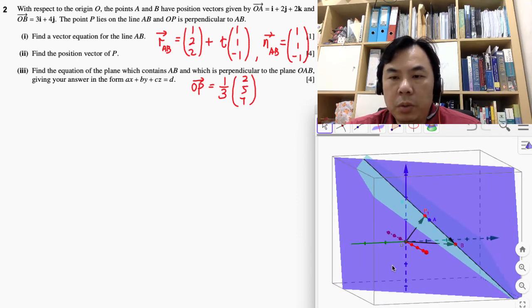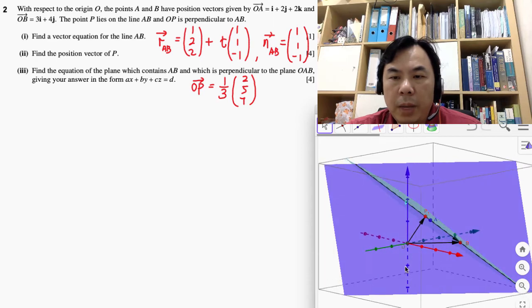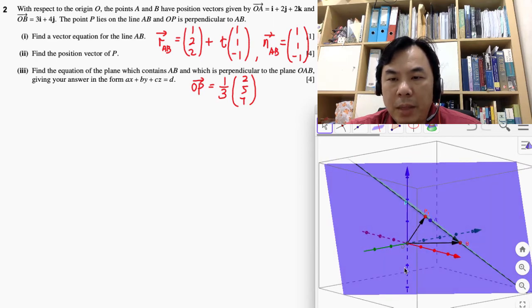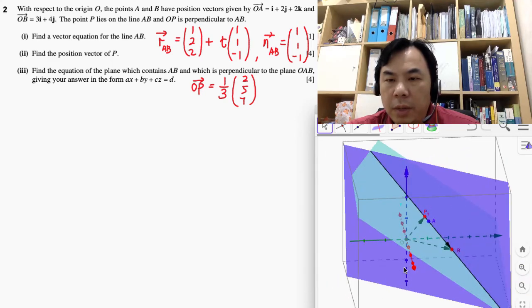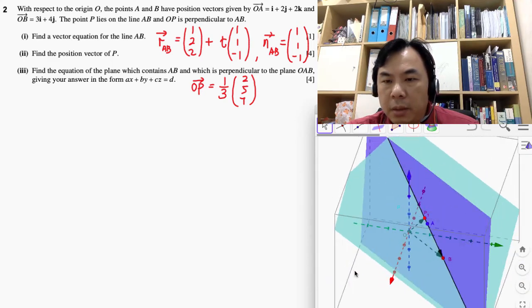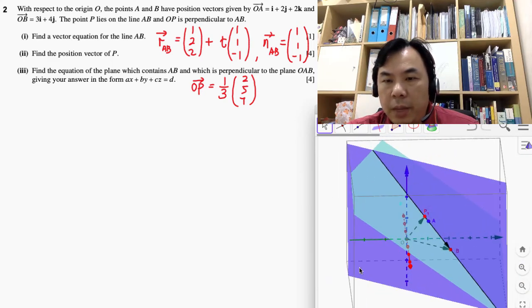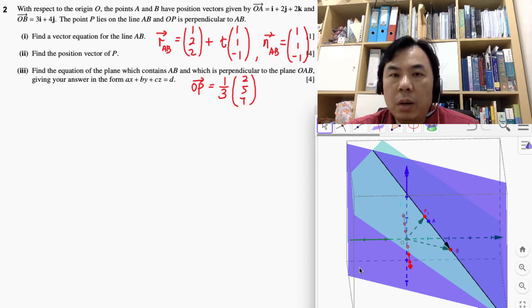Now what we need to find is a plane that is perpendicular to this blue plane, at 90 degrees to this plane, which is given by this green plane. So this is the plane that we are supposed to work out the equation of in Cartesian form.